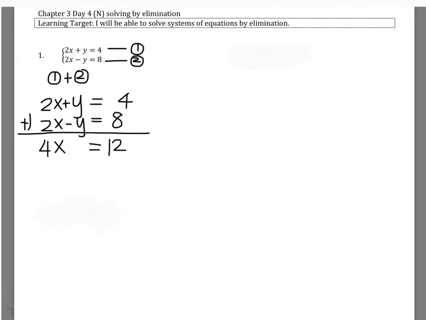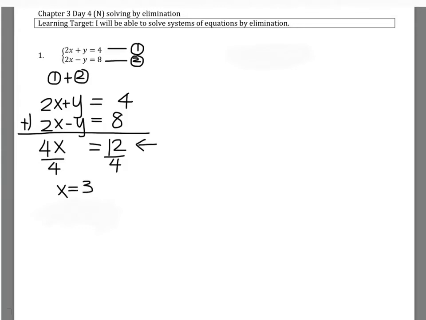Originally we started with two equations and two variables, x and y. Now we have 4x equals 12, one variable, one equation. Can you solve for x? I hope you said yes, of course. Divide both sides by 4, we have x equal to 3.